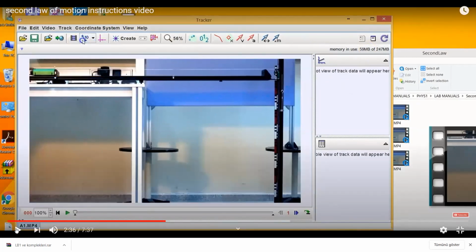After completing the scaling by placing the calibration stick between these two points, we can remove the stick.